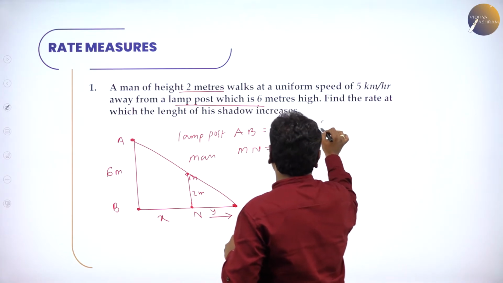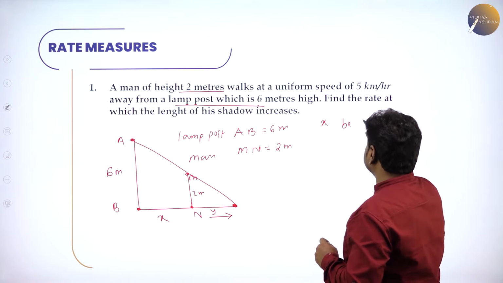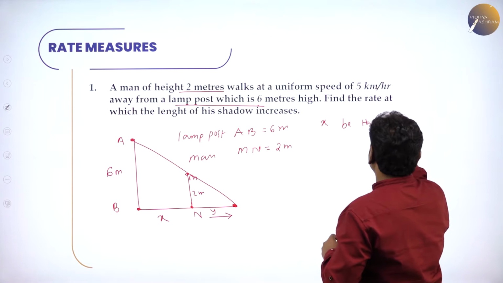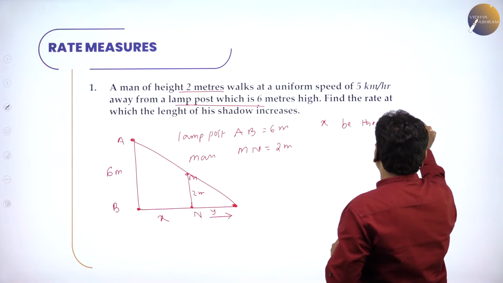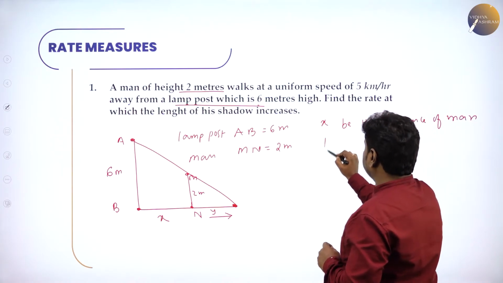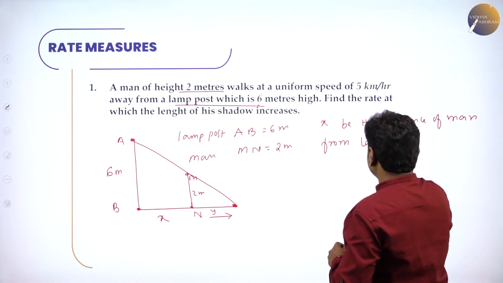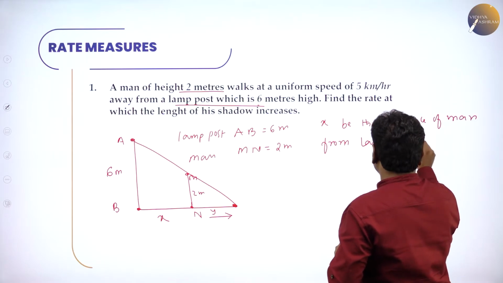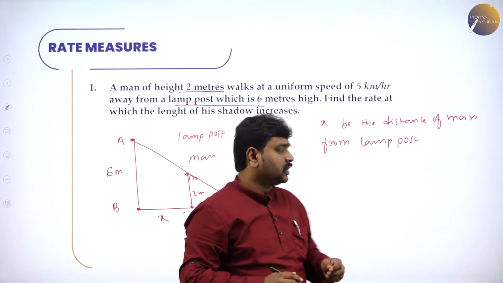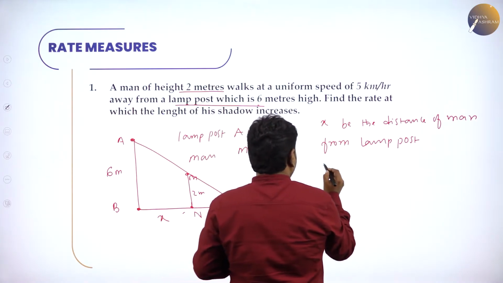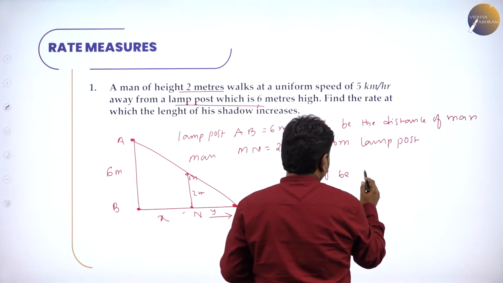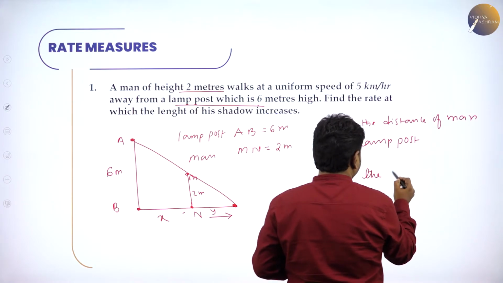And we'll assume XB the distance of the man from the foot of the lamppost. It's our assumption. So the man is at a distance of x from the foot of the lamppost, and y be the length of shadow. So y is the shadow.